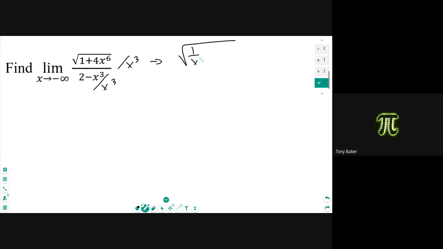So 1 over x to the 6th plus 4 x to the 6th over x to the 6th over 2 over x to the 3rd minus x to the 3rd over x to the 3rd.